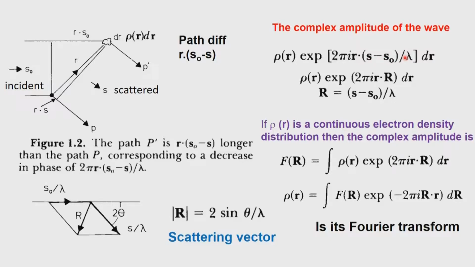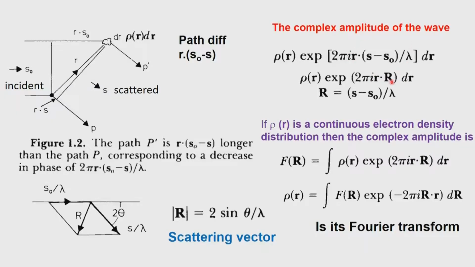Notice that s minus s naught by lambda is representing a quantity in inverse space or reciprocal space, because lambda is the wavelength and it is measured as a distance. The difference s minus s naught is also a distance. So, we now replace s minus s naught by lambda with a capital R, and this capital R is referred to as the scattering vector.